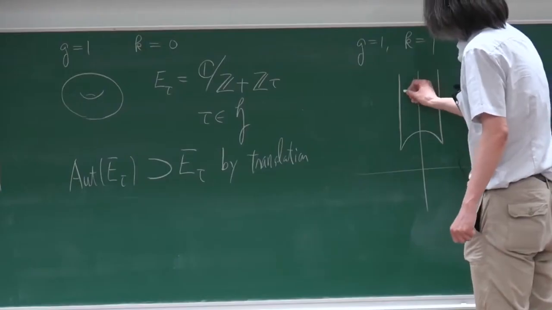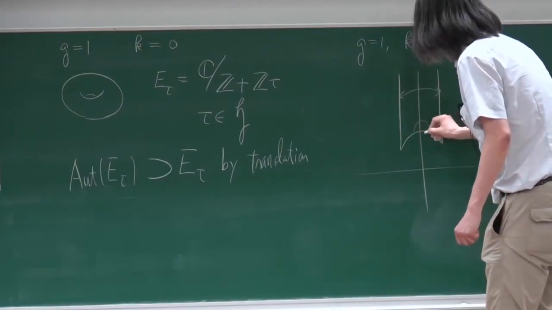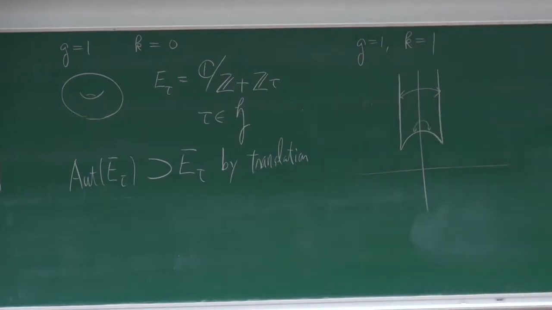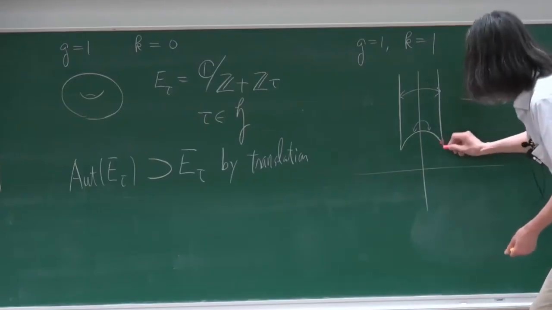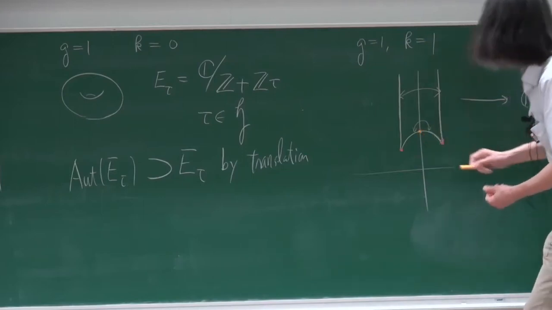These two sides are identified, and these are also identified. From here you can get this complex plane. But in fact, here and here, you may think of it as a singular point.